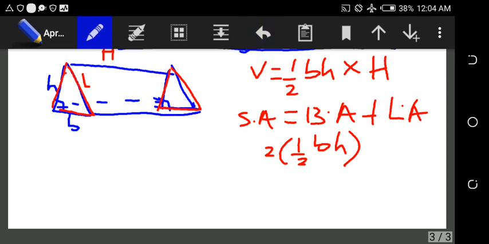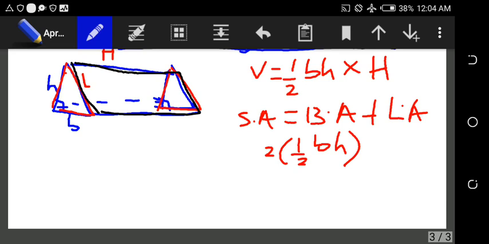Alright, let's take it one after the other. Let's start with this one, the outer one. Now when we look at that shape, it is like a rectangle, and the area is given by length times breadth.